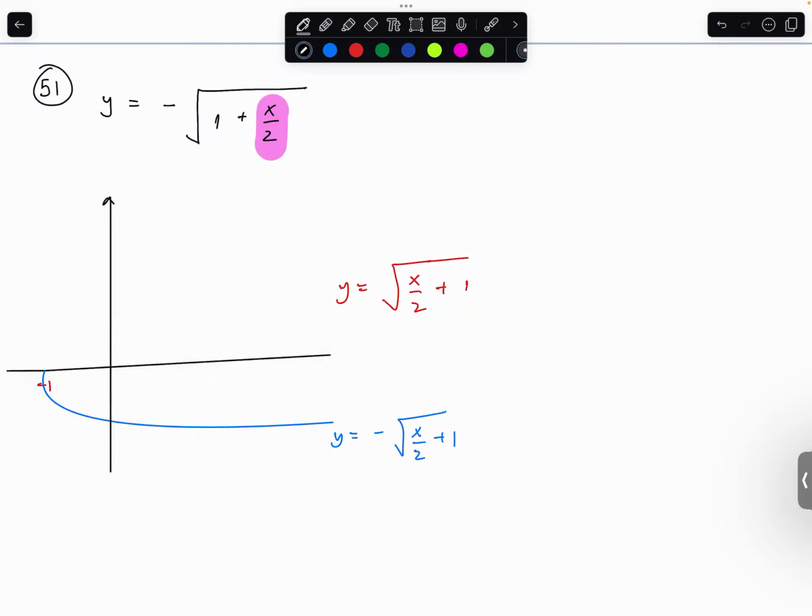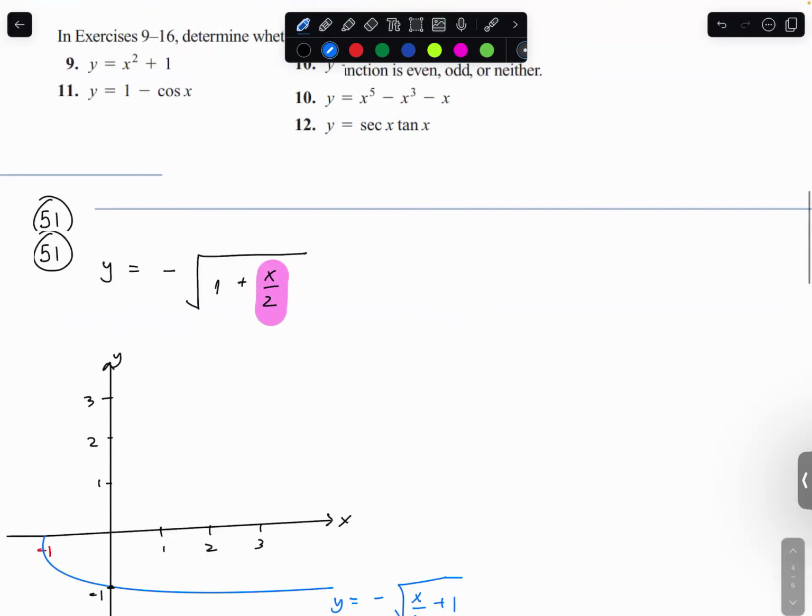This is y, this is our x-axis, and this point here is -1. Let's call this 1, 2, 3. We don't need this as well. So this is the graph of y equals minus square root of x over 2 plus 1. Don't forget this is under the square root.